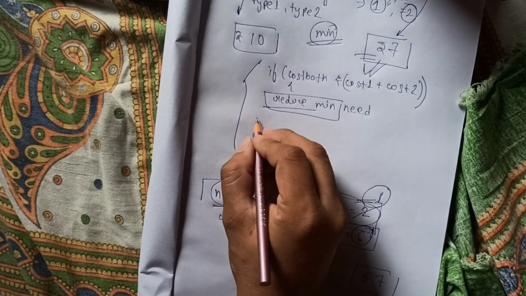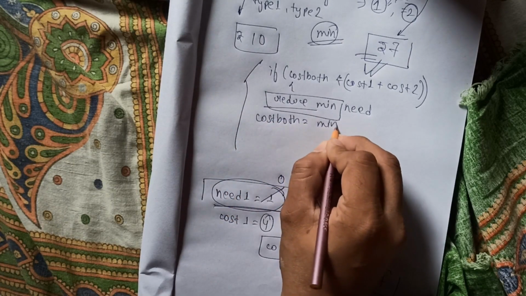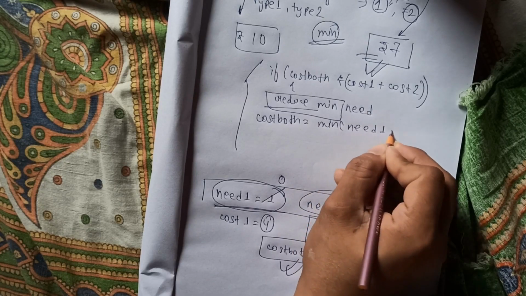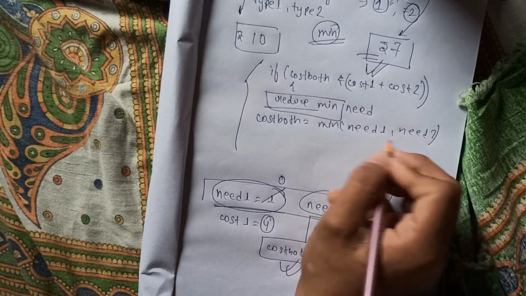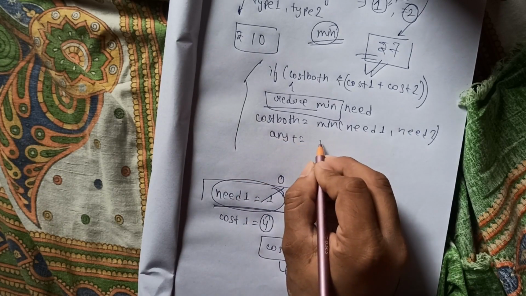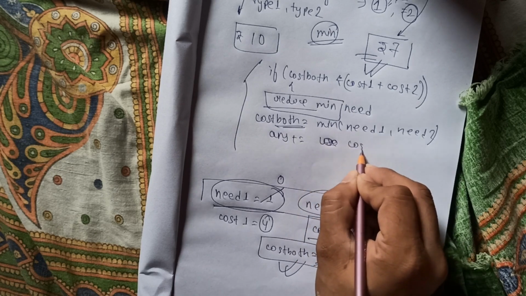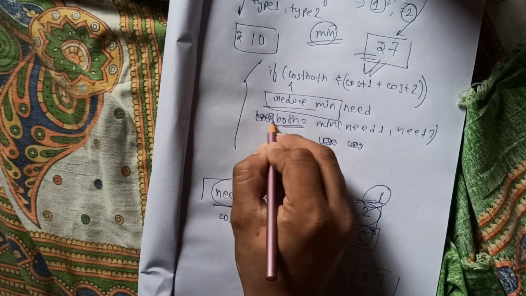So what you will say is, I'm finding use both is the minimum of need 1 comma need 2, right? Okay, after this we will reduce that, right? So answer will be plus equal to use both into cost of both, right? So I'm writing it as use both, not cost both.